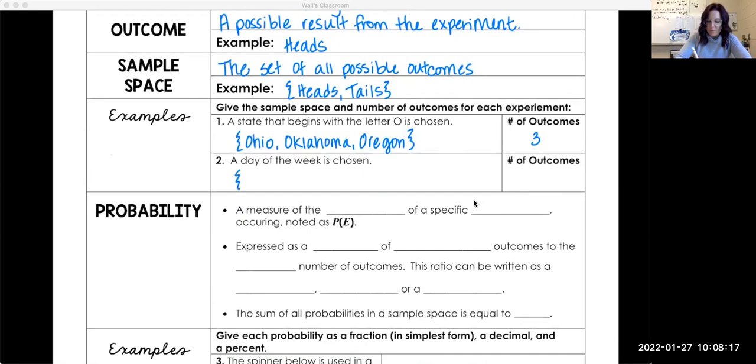Well, we are going to choose from Sunday, Monday, Tuesday, Wednesday, Thursday, Friday, or Saturday. That's our sample space. That is a list of all of the possible outcomes, and there are a total of 7 outcomes.